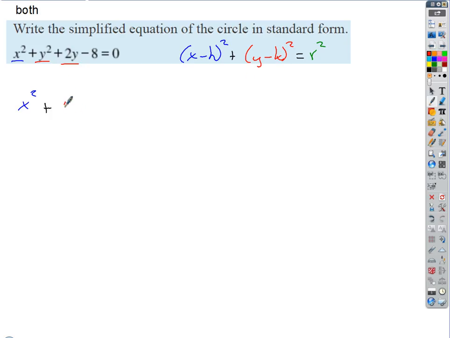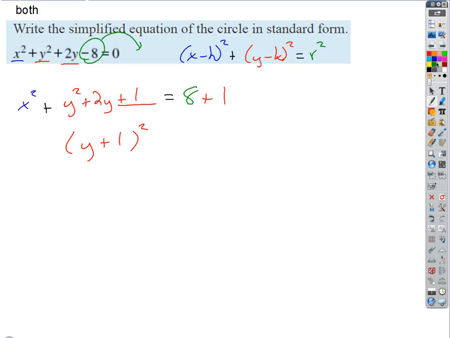So we're going to write that as, we'll collect those terms together, y squared plus 2y and leave a space. And then we're going to add 8 to both sides to get the constant on the right. And so this would be equal to positive 8. And so then we just need to complete the square for the y's. Half of positive 2 is positive 1. 1 squared is 1, so I have to add the red number 1 to both sides.